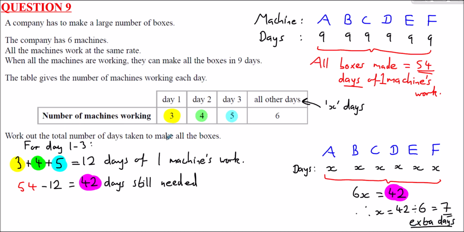So the total number of days needed to make all the boxes would be these first 3 days plus these 7 extra days.